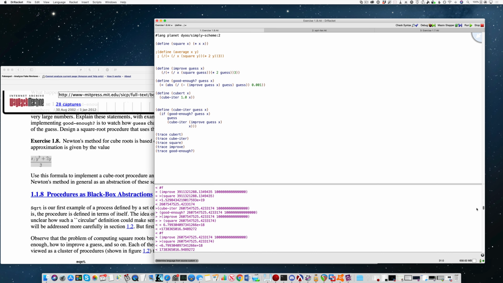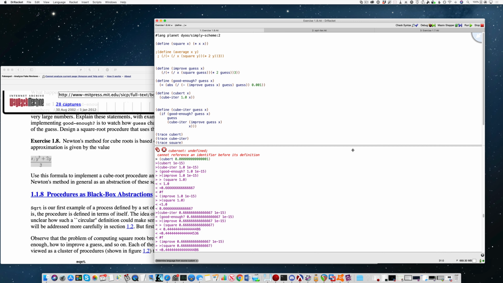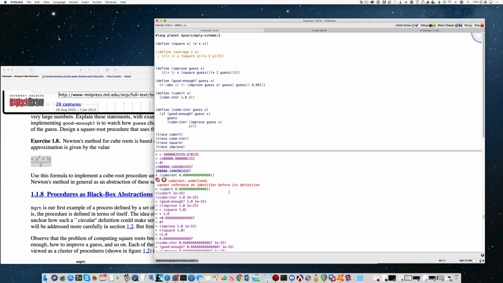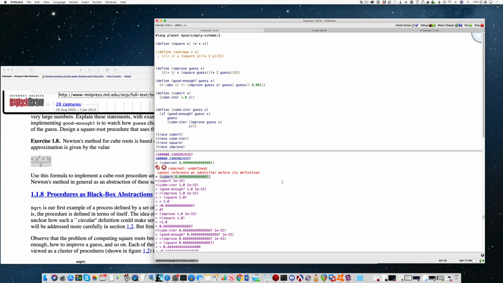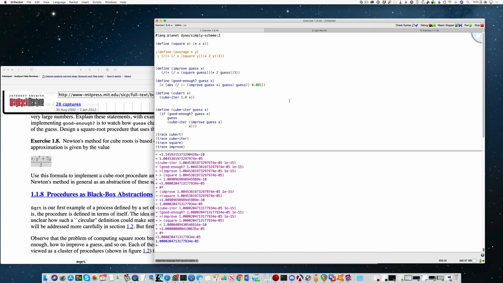But where is it? There we go. Should make this a little bigger. Yeah, so it got there, approximately. And then this tiny number, I did the cube root of that. I got that, and I checked it in Google, and that came out okay. So that actually seemed pretty straightforward.